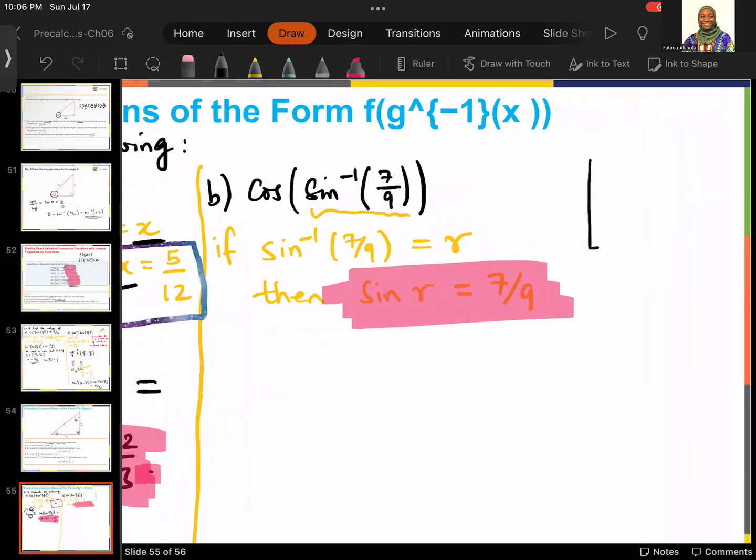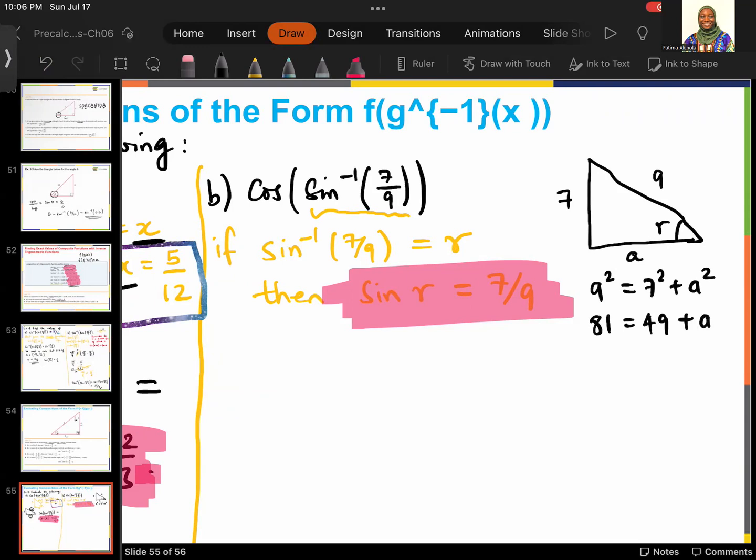So if I have this, and I call this r, sine is opposite over hypotenuse. So this is 7, this is 9. I can find the third side using the Pythagorean identity. If I call this a, then 9 squared is 7 squared plus a squared. This is 81, this is 49 plus a squared.